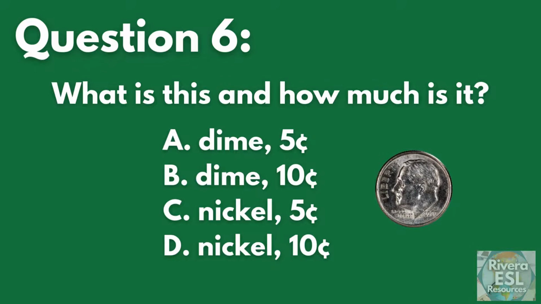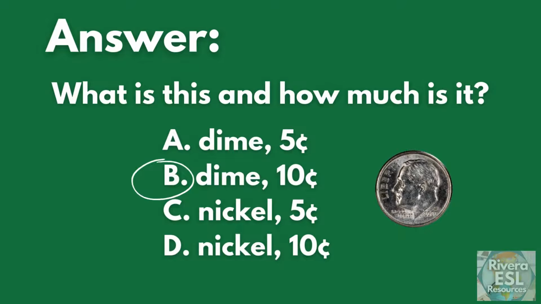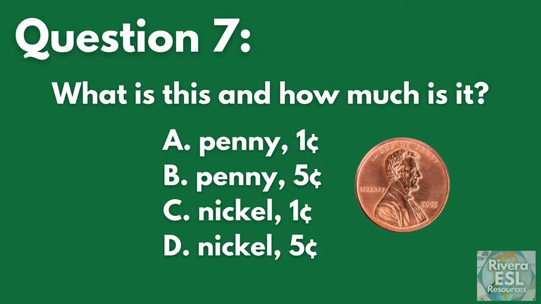Question 6. What is this and how much is it? A. Dime, 5 cents. B. Dime, 10 cents. C. Nickel, 5 cents. D. Nickel, 10 cents. The answer is B, dime 10 cents. Question 7. What is this and how much is it? A, penny 1 cent. B, penny 5 cents.